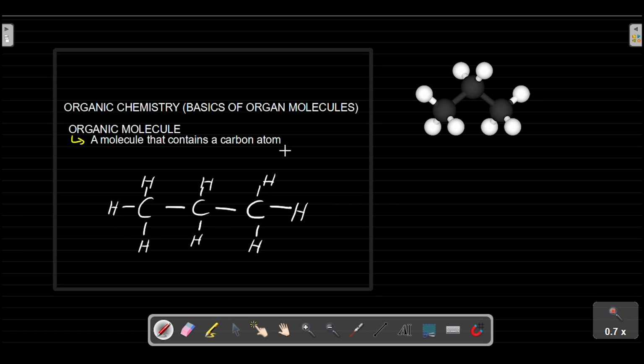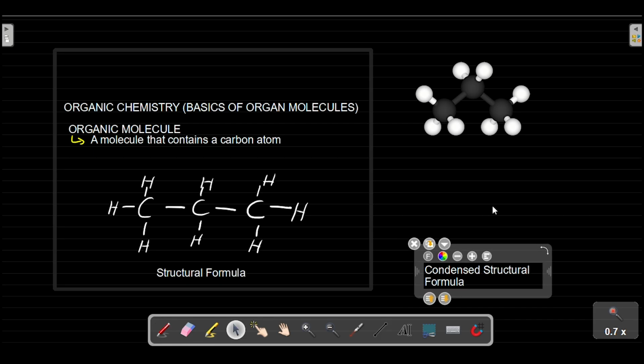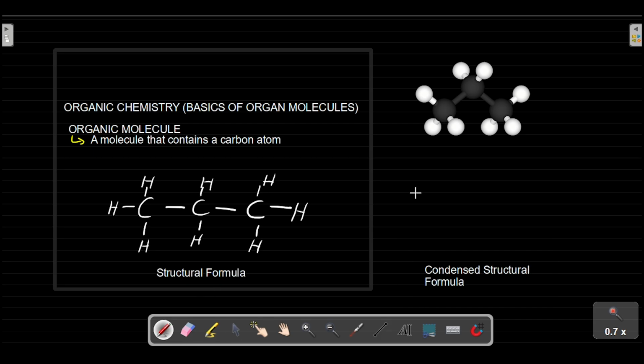This representation of propane is known as the structural formula. There's another, more simplified version of the structural formula, known as the condensed structural formula. And it's represented like this: CH3 bonded to CH2, which is bonded to CH3.